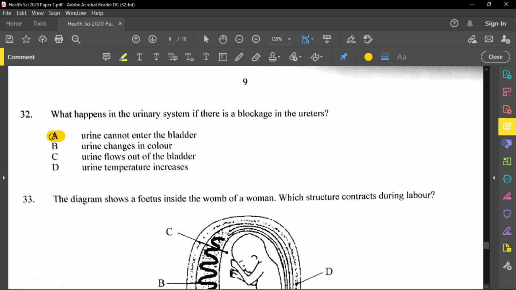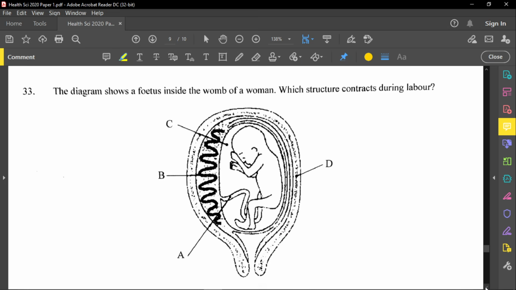So that is A. Now for question number 33, the diagram shows a fetus inside the womb of a woman. It asks which structure contracts during labor. What is contracting is the muscles of the uterus, so option D will be the correct answer.